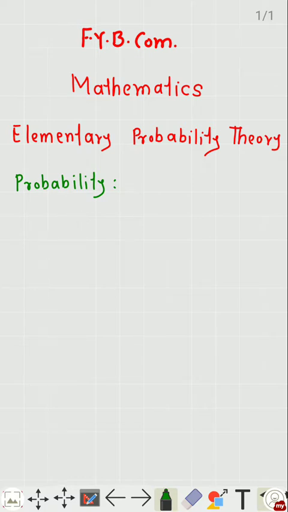In the previous lecture, we have defined what is meant by probability. In the last lecture, we have seen what is a random experiment, what is the event of the random experiment, and what are the outcomes of the random experiment.